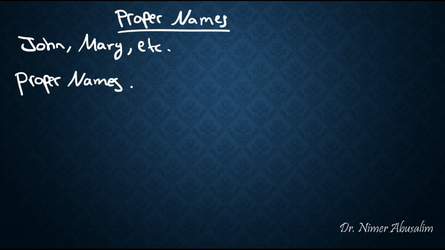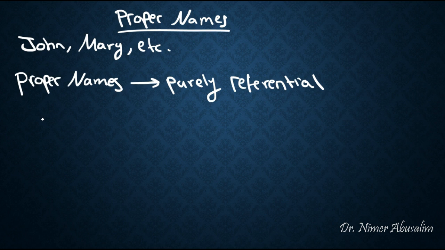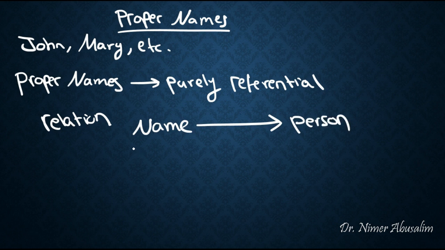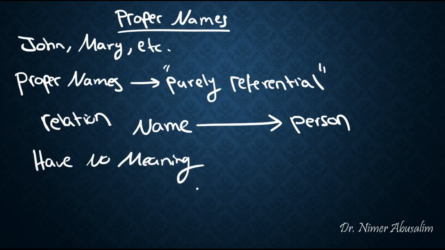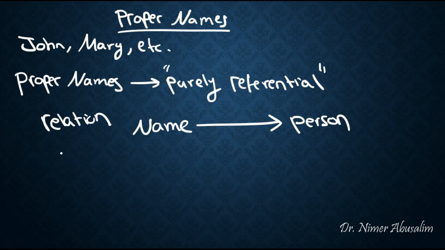Now proper names seem to be purely referential, in that they establish a relation between a name and the person. And the reason why we say that it is purely referential is that usually names have no meaning. So what is the meaning of the word John or the name Mary? There is no meaning. Now in a lot of languages around the world, usually the name of the person actually means something.